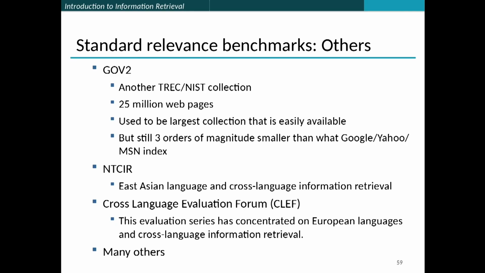Again, there are others, and now what is interesting is that, as you can expect, the most recent ones are increasingly adding new documents to the collection, and so you now have 25 million web pages, okay, which starts being a significant number of documents, and you have many others.